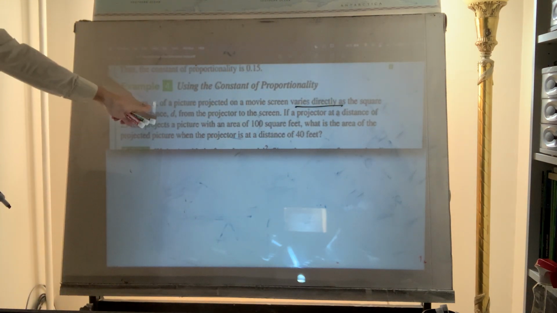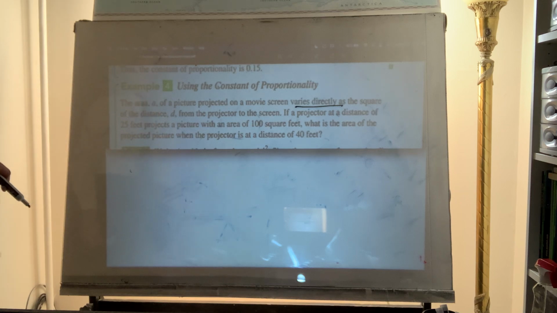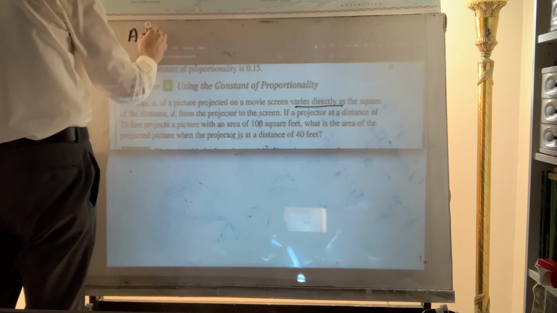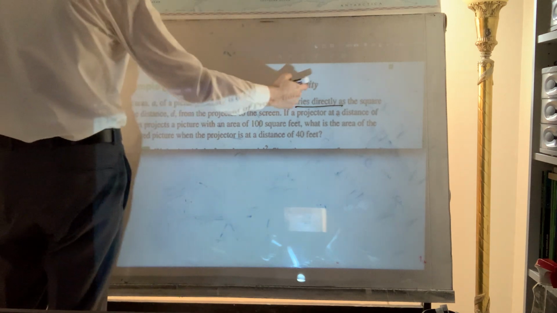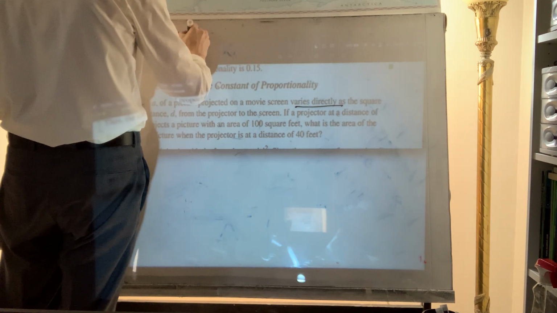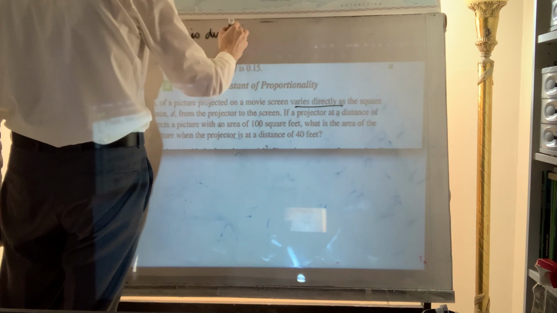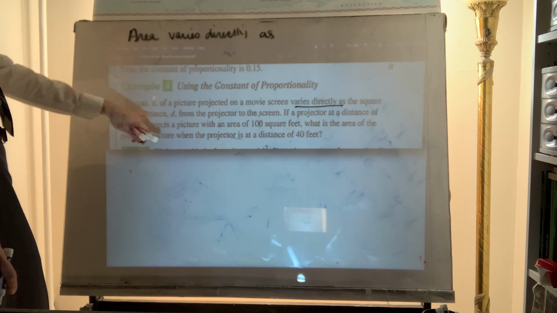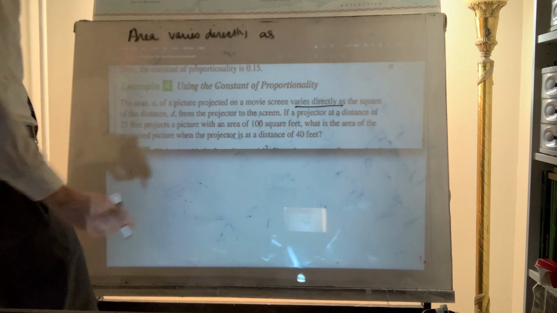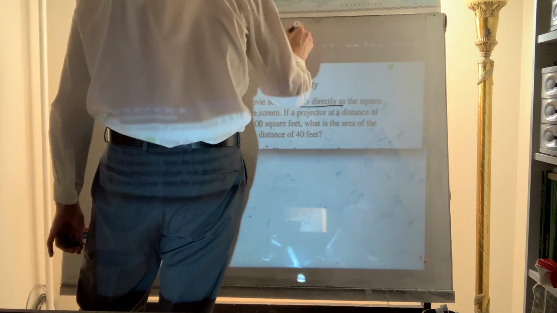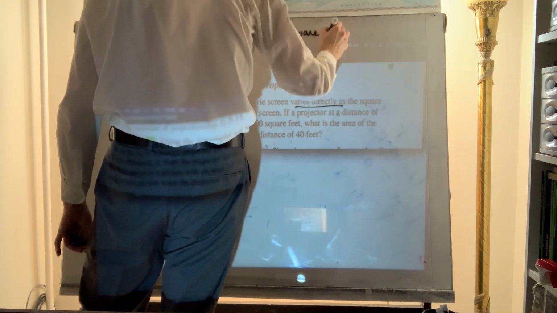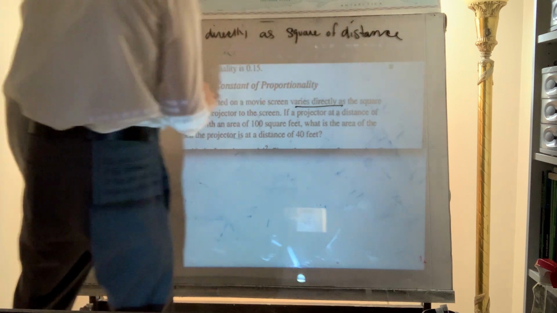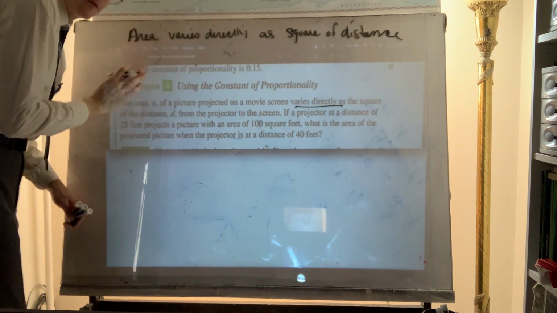They're just choosing, again, different variables. Area, if you want to start with the whole word, go ahead. You know, area varies directly as the square of the distance from the projector. This is a sort of slimmed down version of that.